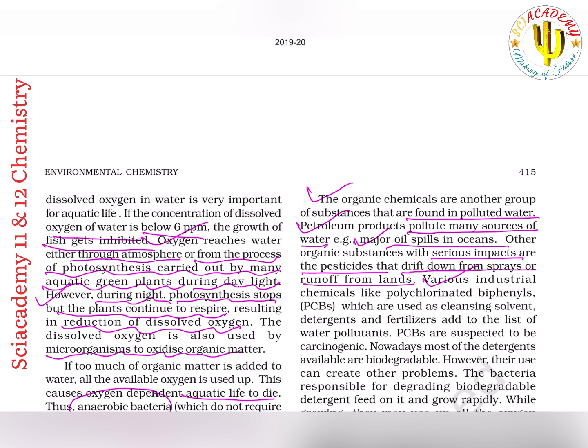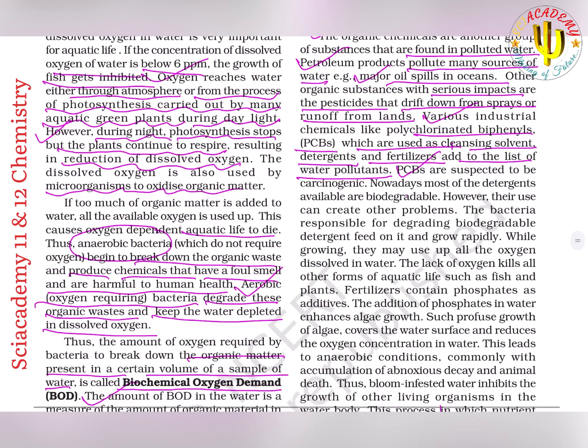Various industrial chemicals like polychlorinated biphenyls (PCBs), which are used as cleansing solvents, detergents, and fertilizers, add to the list of water pollutants. PCBs are suspected to be carcinogenic.